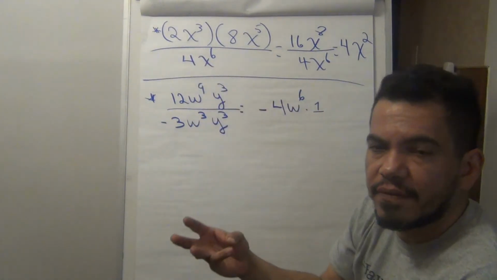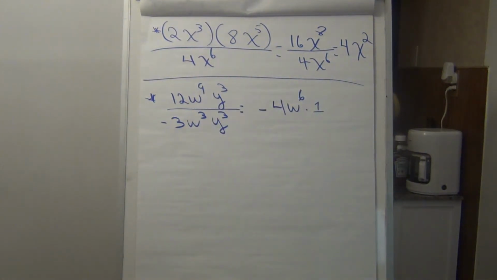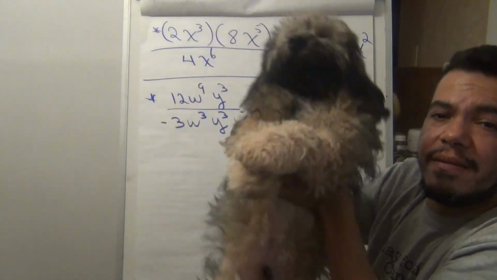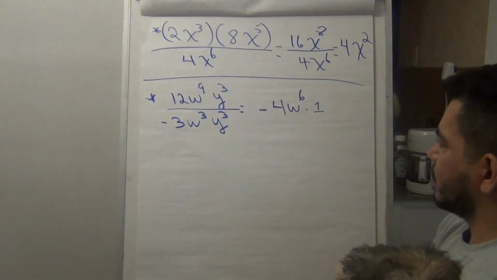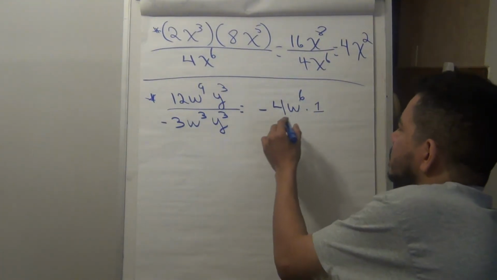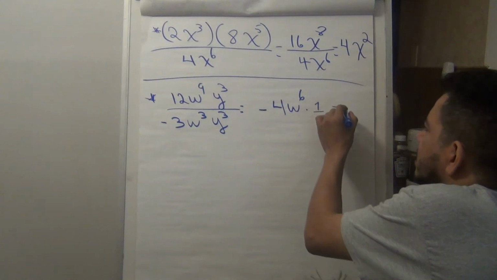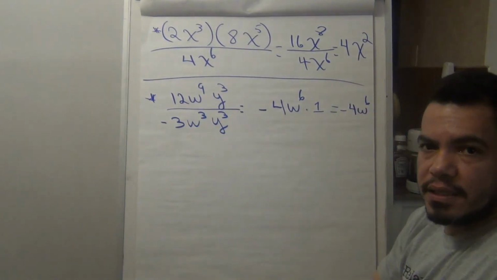A number divided by itself is 1. So now this is the same thing as negative 4w to the 6. That's basically what it is.